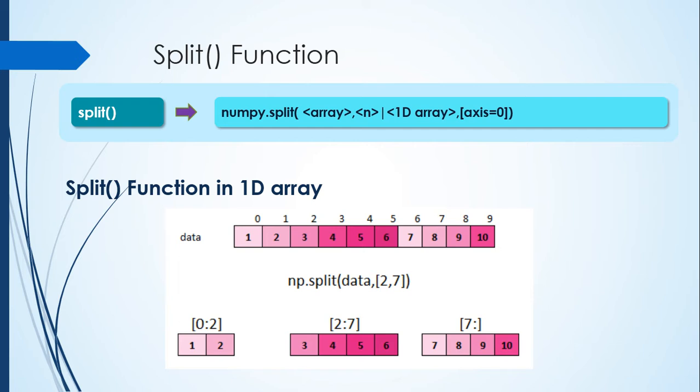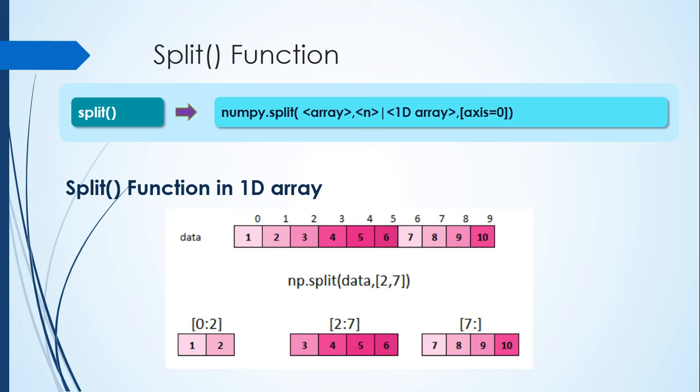For axis 0, it is split horizontally on the vertical axis, and for 1 it is split vertically on the horizontal axis. Now when the second argument is n, for axis 0 it behaves as vsplit, and for axis equal to 1 it behaves as hsplit.